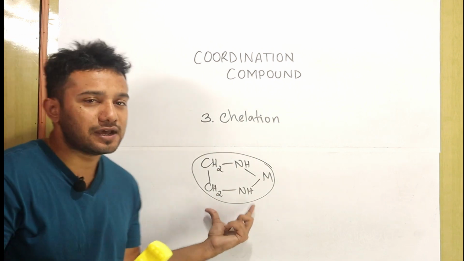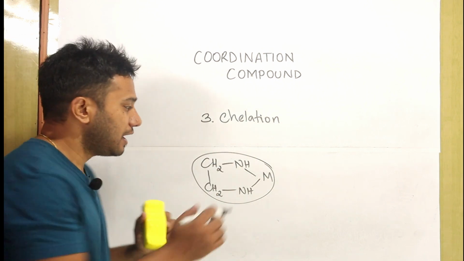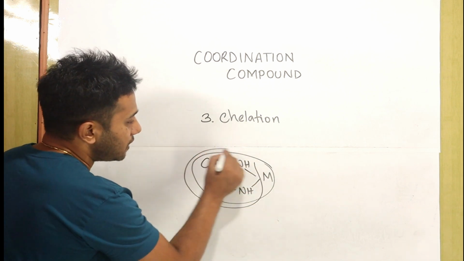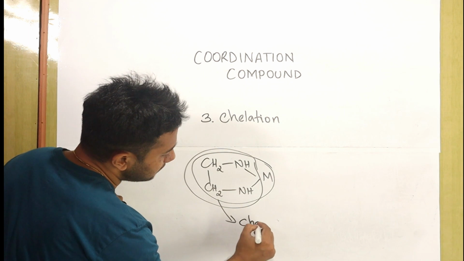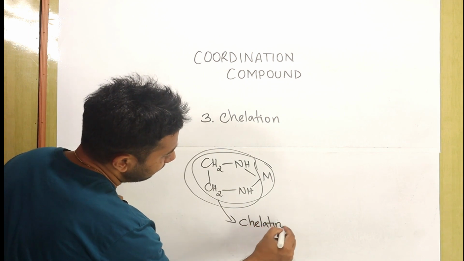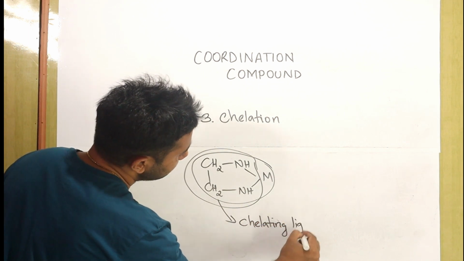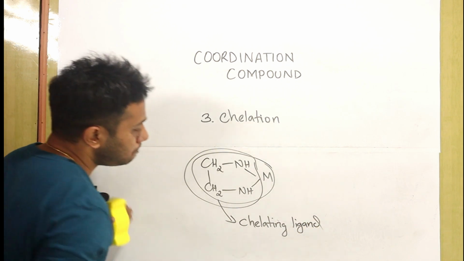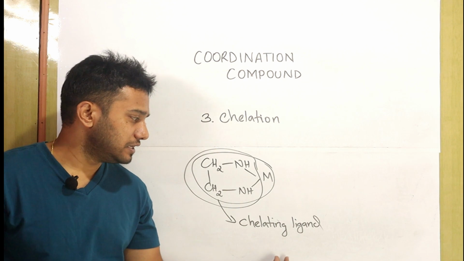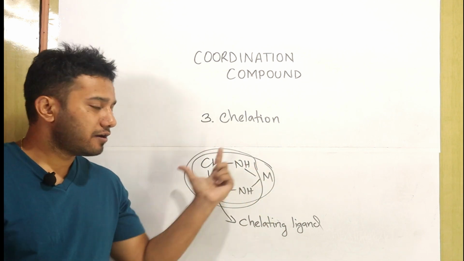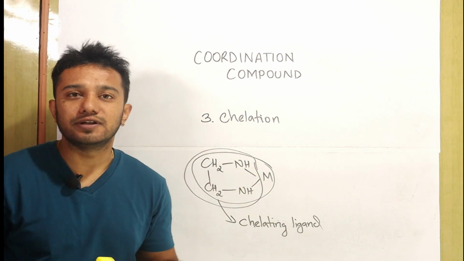This one we call chelation. And this ligand which is making coordination bonds with the metal ion, we call it a chelating ligand. The ligand which is making coordination bonds with the metal ion is the chelating ligand, and the entire thing itself is known as chelation.